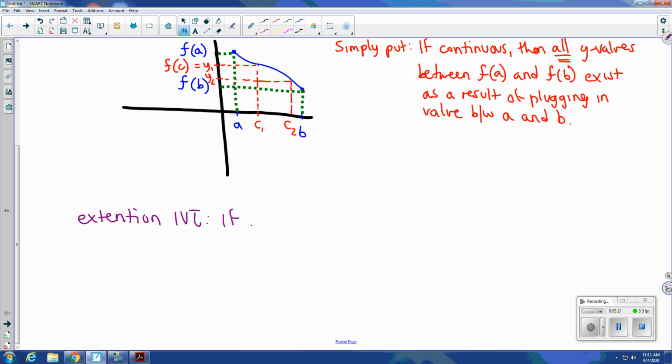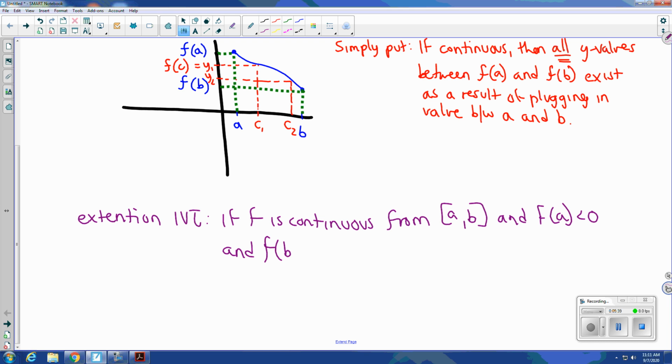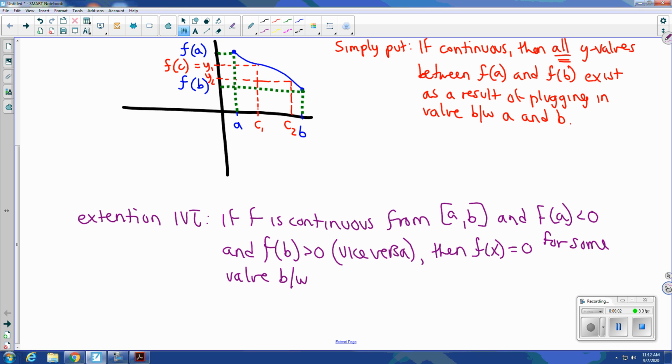It says if f is continuous from a to b, and f of a is less than 0, and f of b is greater than 0, or vice versa, so that could be switched, then f of x equals 0 for some value between a and b.